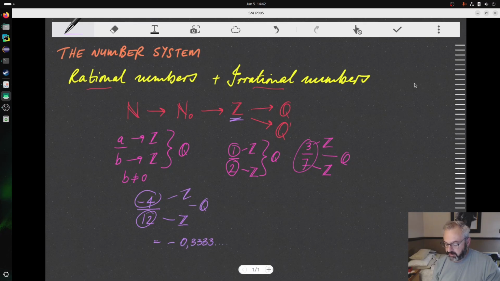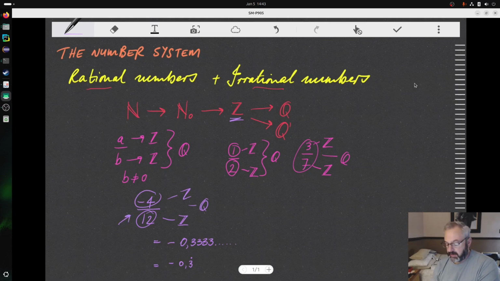0.3333, and these 3's repeat into perpetuity. We write it like this: negative 0.3, and we put a little dot over the 3 to indicate that the 3 keeps on repeating over and over again. So my question was, is negative 4 over 12 a rational number?